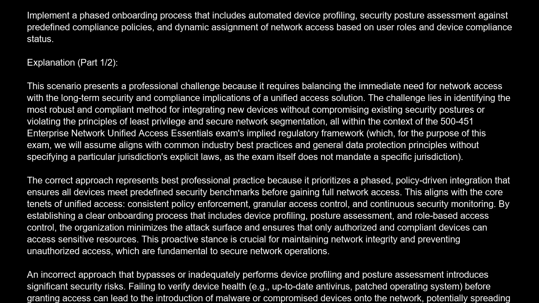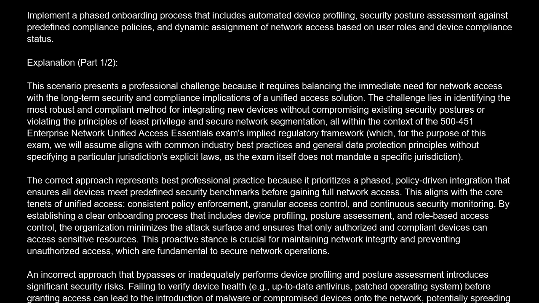The challenge lies in identifying the most robust and compliant method for integrating new devices without compromising existing security postures or violating the principles of least privilege and secure network segmentation, all within the context of the 500-451 Enterprise Network Unified Access Essentials exam's implied regulatory framework, which, for the purpose of this exam, you will assume aligns with common industry best practices and general data protection principles without specifying a particular jurisdiction's explicit laws, as the exam itself does not mandate a specific jurisdiction.